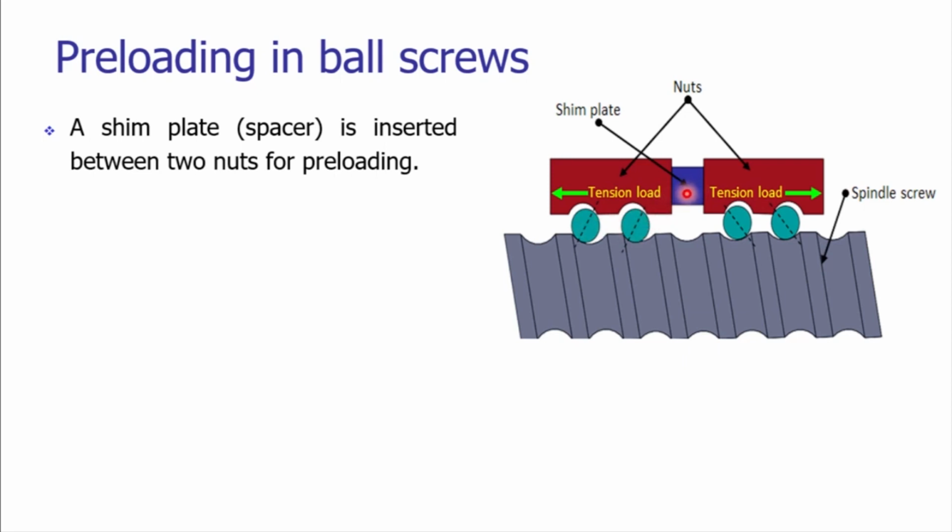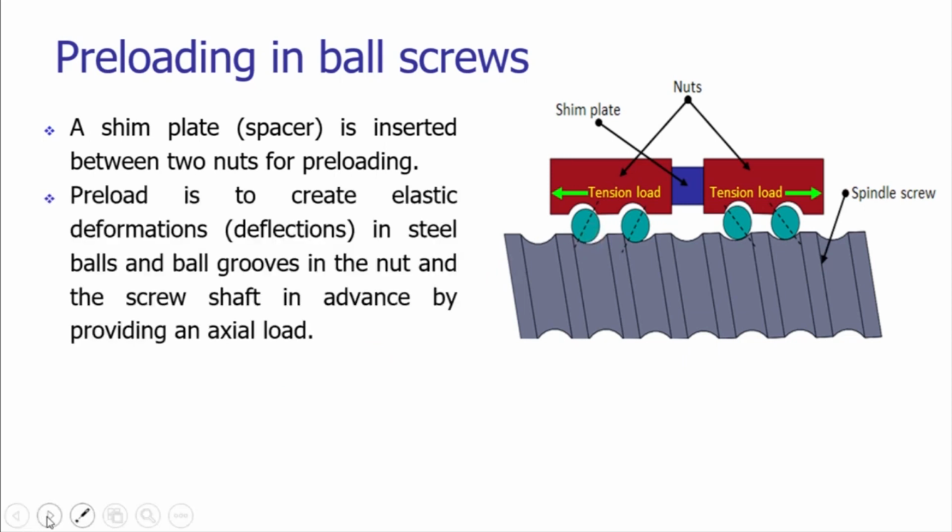We can increase the length of the shim plate. As we increase the length of the shim plate, we may apply the required tension on the balls. So due to this application of the tension on the balls, there may be elastic deformation of the balls, and that will ensure the proper contact of the balls with the screw.